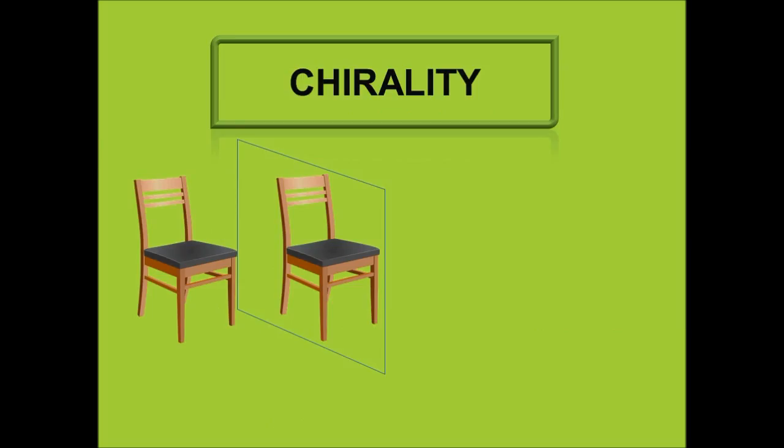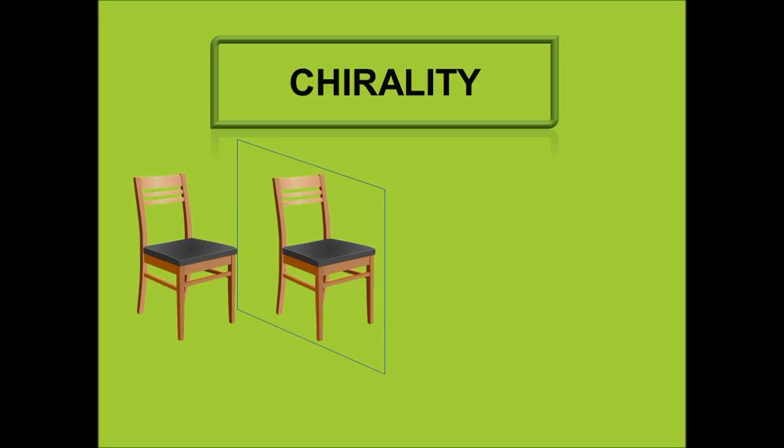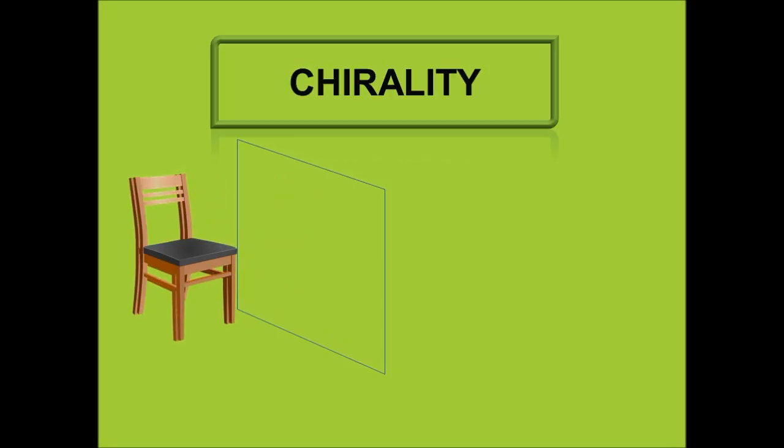Now, a chair, on the other hand, as shown here, if you're looking at this chair in the mirror and you take the mirror image of that chair and place it over the other chair, you see that they match up perfectly. We say that a compound represented here by the chair is achiral.